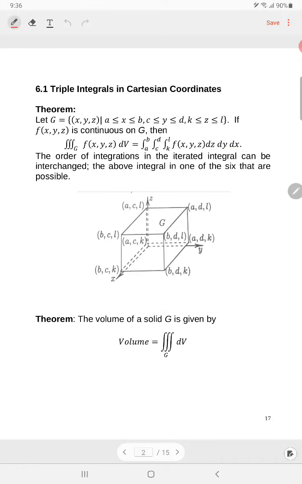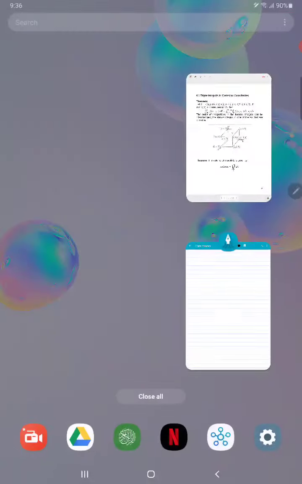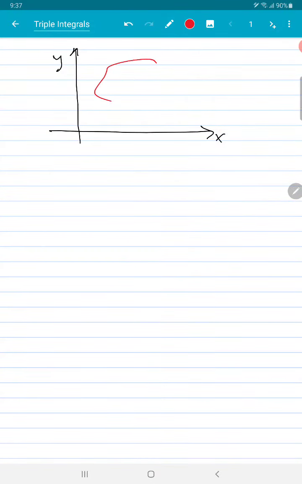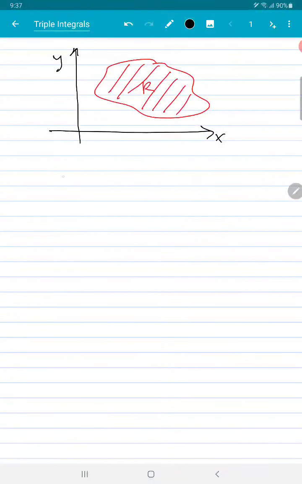All right, let me refresh your memory on double integral. Before, in double integral we have a region. Here on an xy plane, let's say you have a region R. So in double integral, you have a function f(x, y), and you want to integrate over this region.